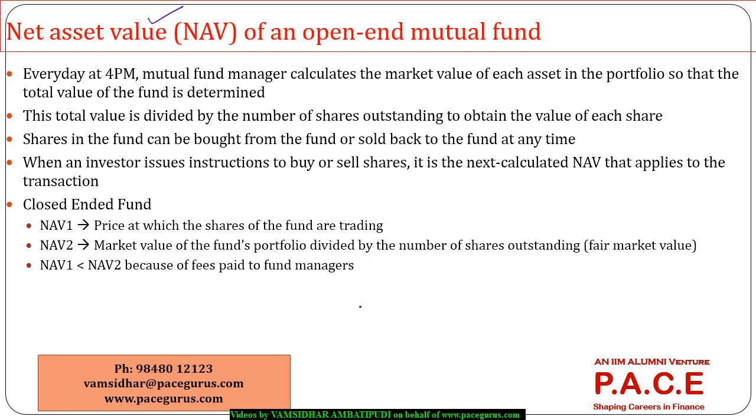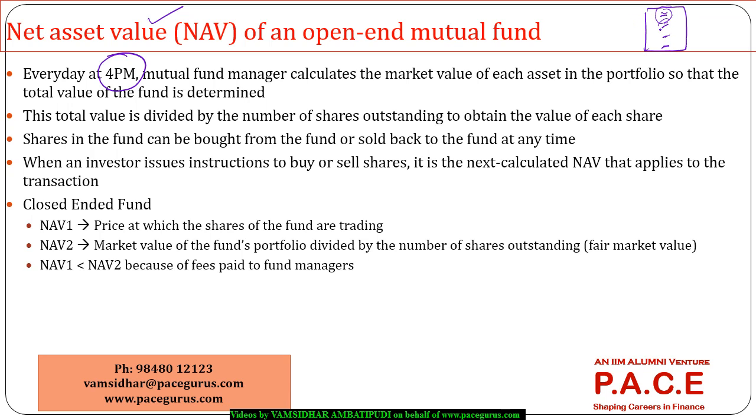For a mutual fund, we typically compute the NAV, net asset value, though it is computed for open-ended funds and closed-ended funds in a different way. In the case of an open-ended fund, every day at 4 p.m., the mutual fund manager identifies all the assets that are part of the fund.